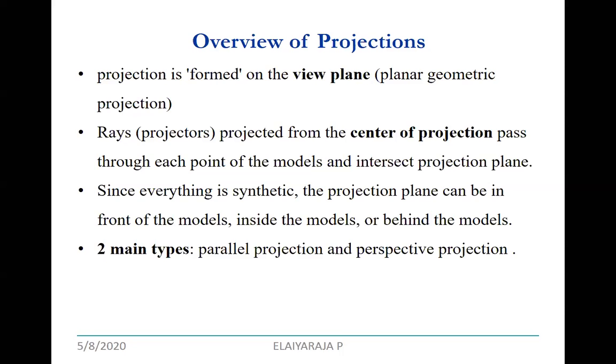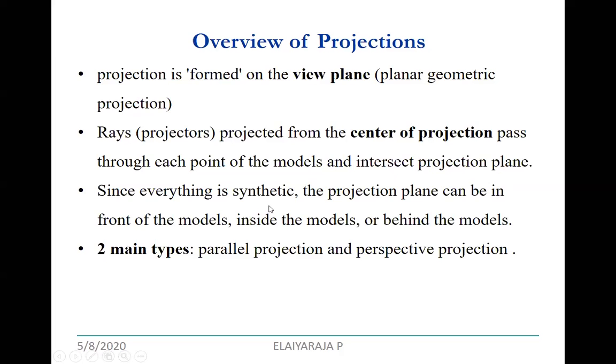Rays are projected from the center of projection, pass through each point of the model, and intersect the projection plane with respect to your axis plane, either xy or xz, or with respect to any viewing plane.